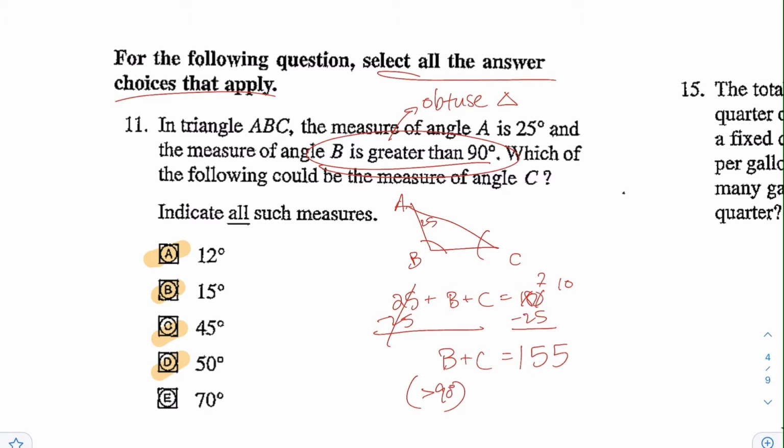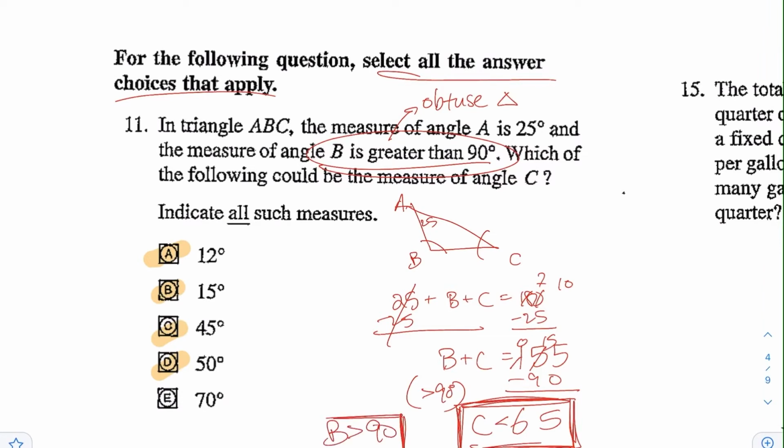So if you subtract 90 from both sides, you know that C has to be less than 65. So since C has to be less than 65, because B is greater than 90, but they have to add up to 155.